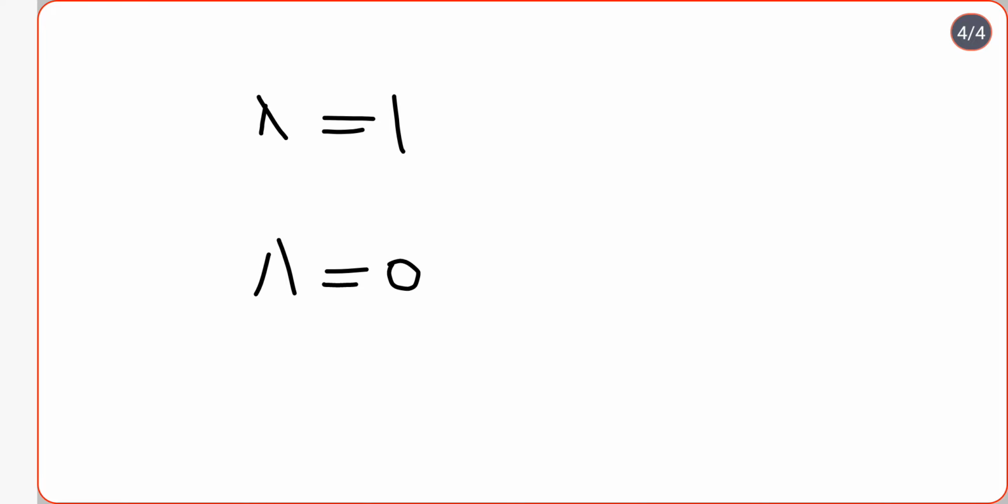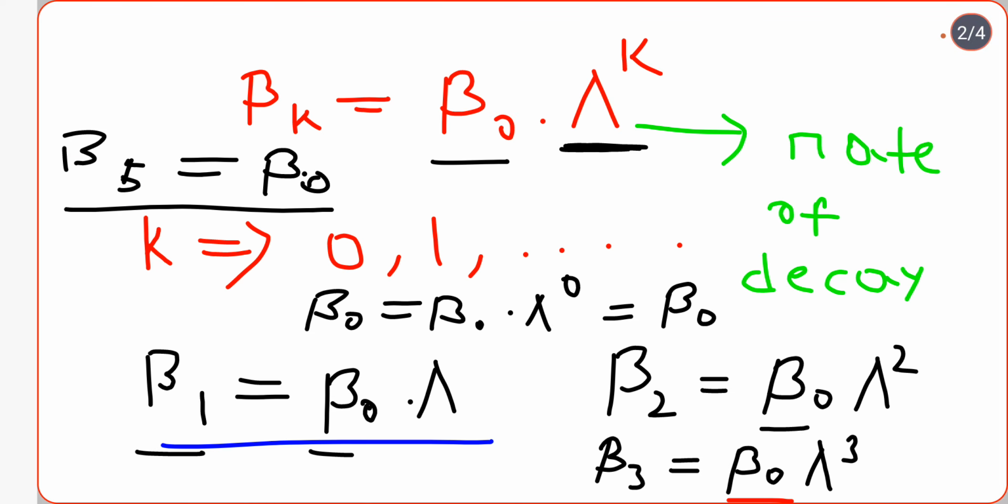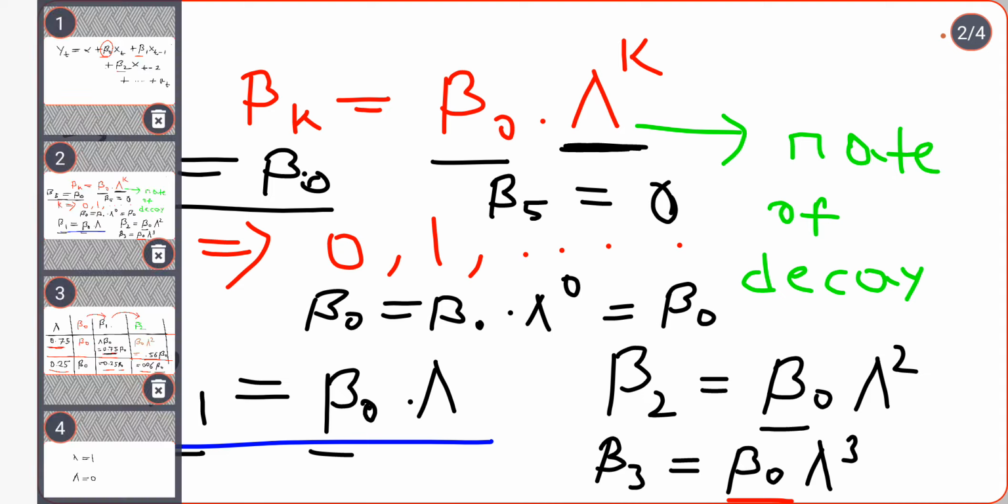If lambda equals 0, then as you can see from the equation, suppose I want to calculate beta 5, then beta 5 will be equal to 0, right? That means beta 5, beta 6 or beta 7 has no value. That means those lagged variables have no effect on the dependent variable.